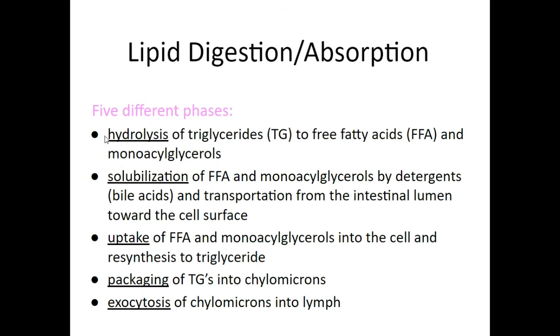Okay. So, here are the 5 different phases of lipid digestion and absorption. So, after binding with bile, the triglycerides are hydrolyzed or digested into free fatty acids and monoglycerides or monoacylglycerols, they are the same.